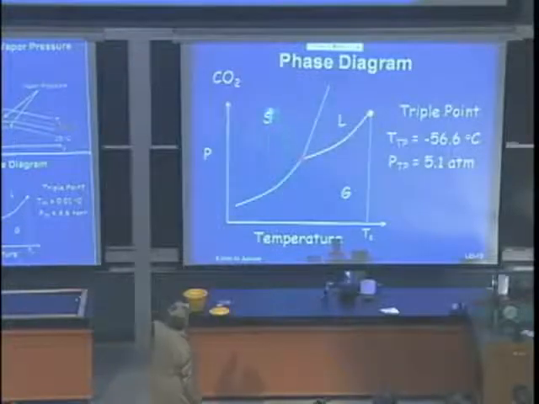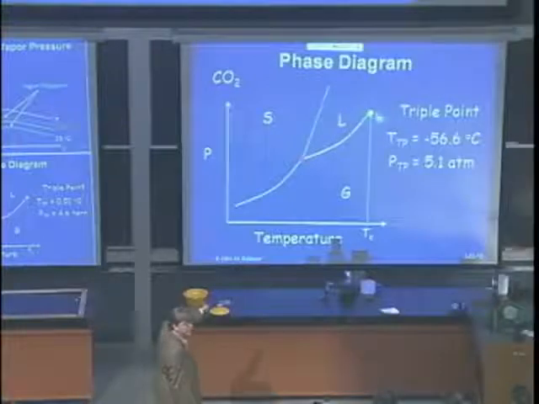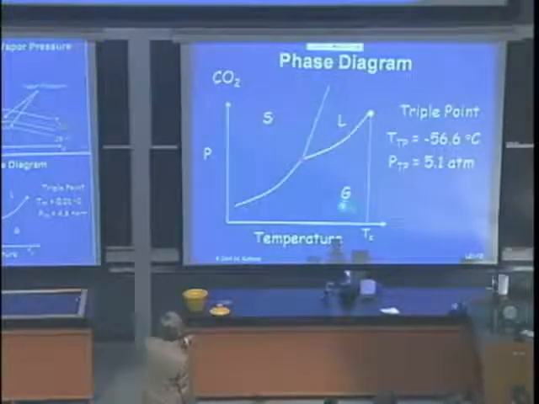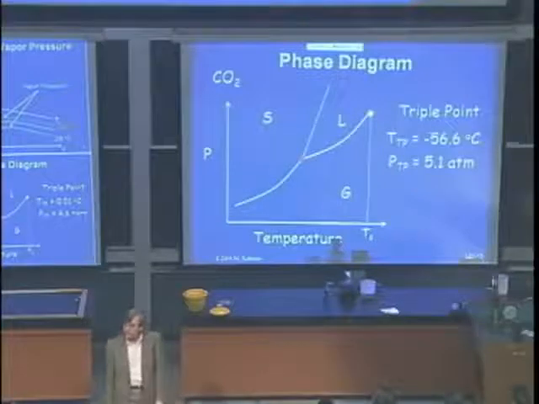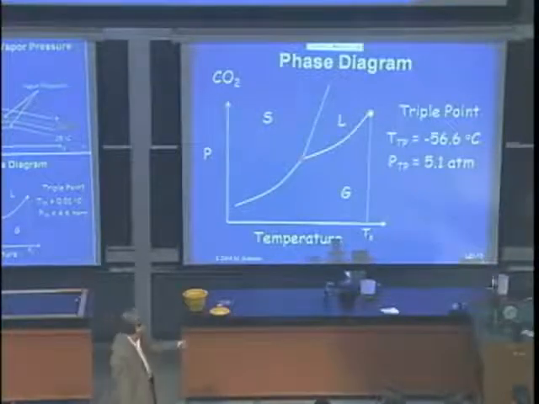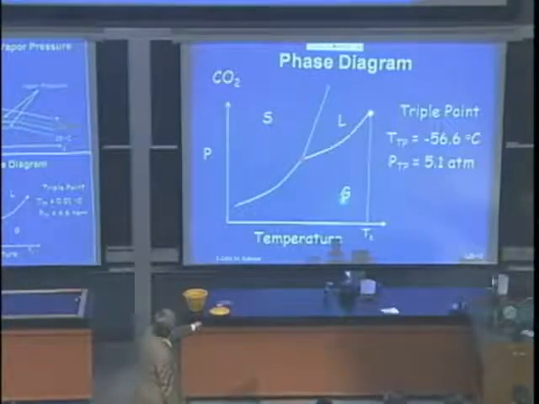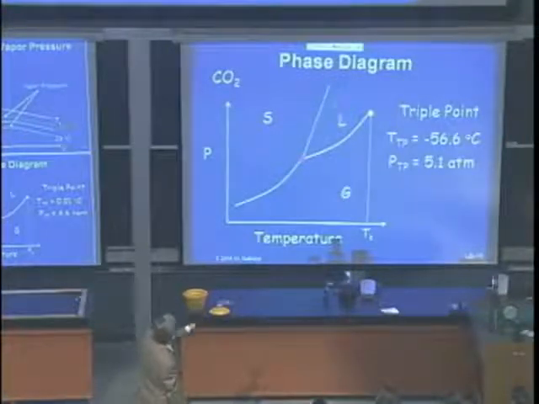If we have a higher pressure, pressure is here, we go from solid to liquid. That happens. Or you can also, if you have an isotherm, increase the pressure of the gas, and you go to the liquid. I've shown that to you in the experiment before. We have the same temperature, that was the room temperature, and we increased the pressure, we went from the gas to the liquid.